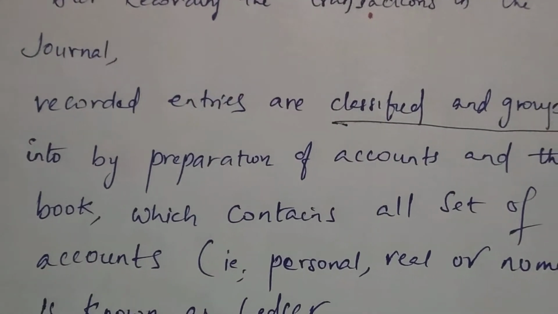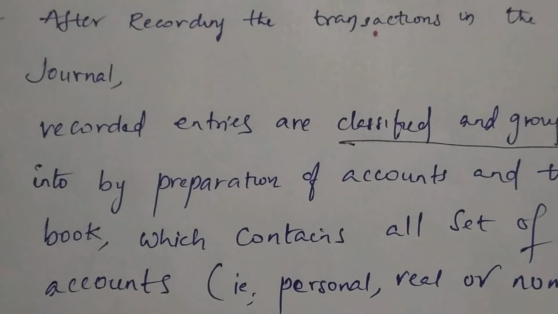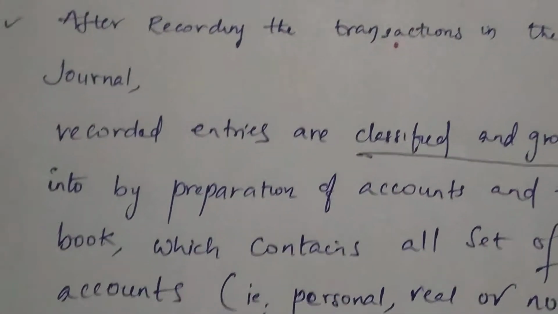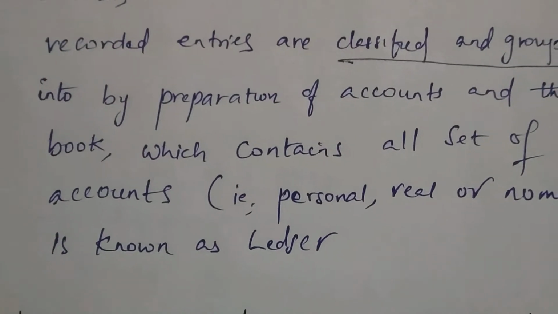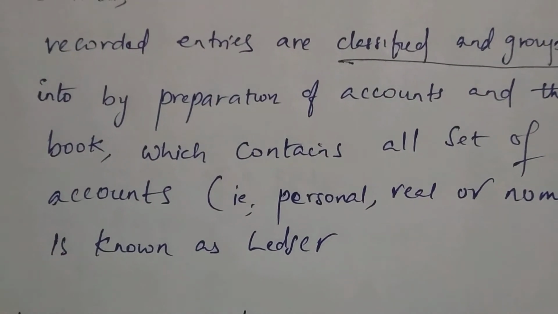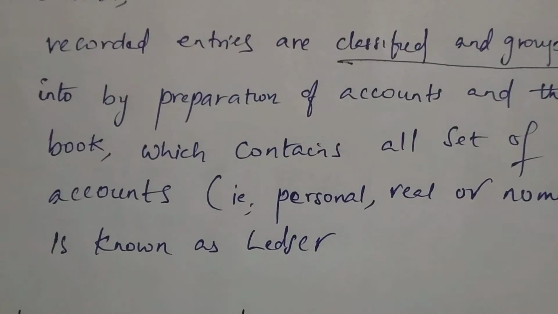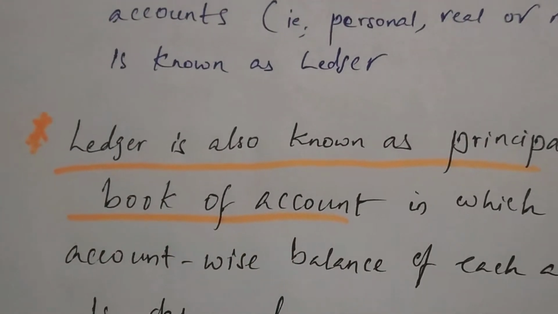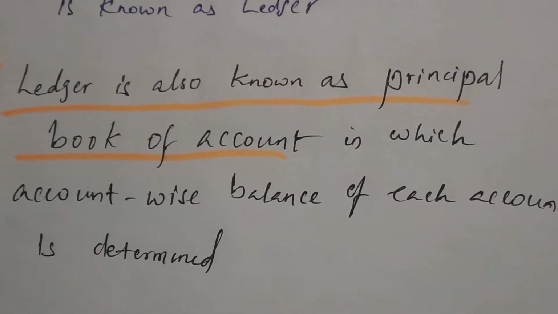After recording the transactions in the journal, recorded entries are classified or grouped by preparation of accounts, and the book which contains all sets of accounts, be they personal, nominal or real, all together is called the ledger. The important thing is that the ledger is also known as the principal book of account, in which the account-wise balance of each account is determined.